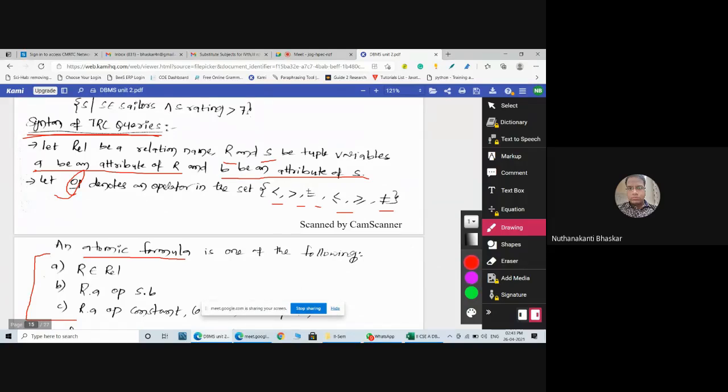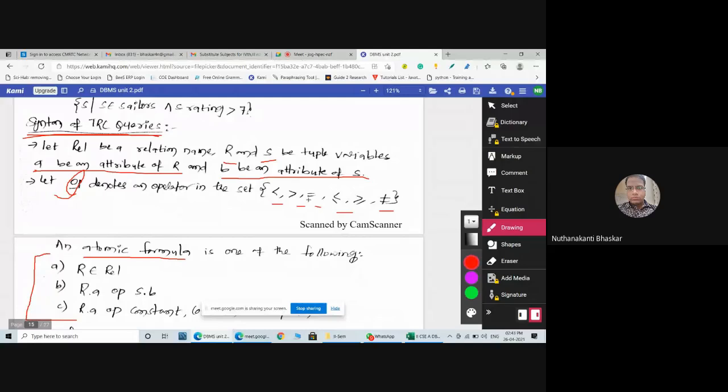It is not exactly compulsory to use them because it is a non-procedural language. I clearly mentioned there is no procedure. We can define our own procedure, but here we have some formulas. If we use those formulas, our implementation of queries is easier and more understandable.